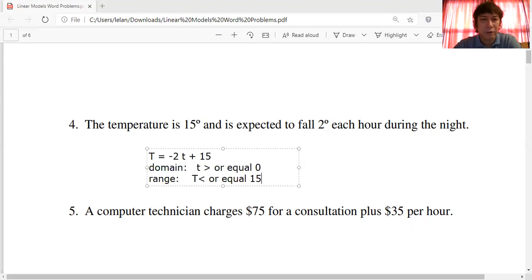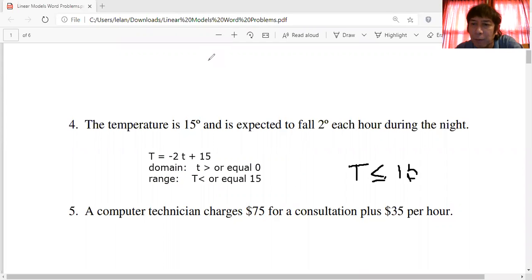And I can show you with this pointer, it is something like T less or equal to 15. Temperature can be less or equal to 15. That goes to our number 4.